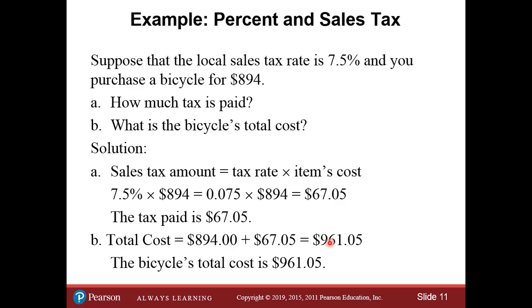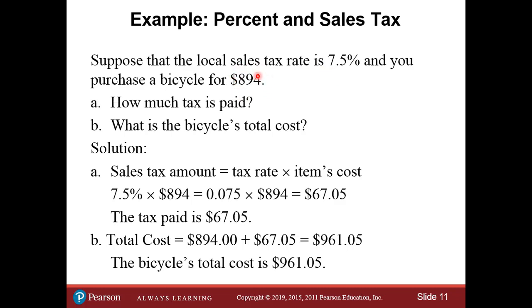Now, suppose that the local sales tax is 7.5%, and you purchase a bicycle for $894. So the first question is how much tax is paid? Well, if the tax rate is 7.5%, that means we're going to multiply by what? We're going to multiply by 0.075.